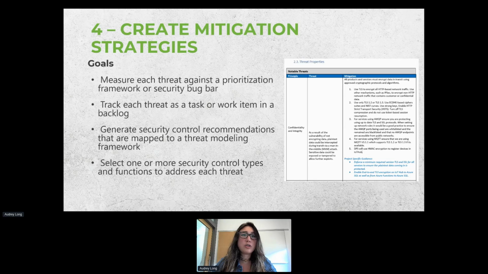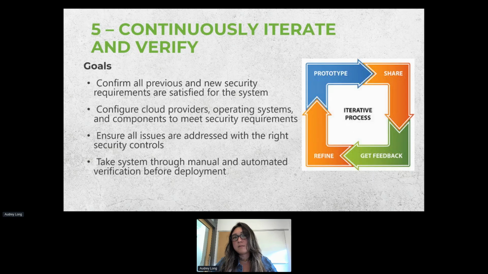Generating control system recommendations mapped from those threat modeling frameworks, and selecting one or more of the security control types and functions to address each threat.